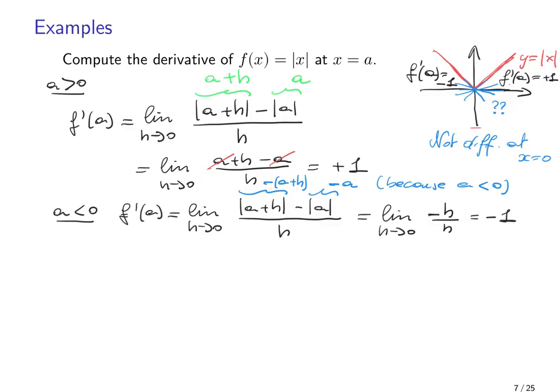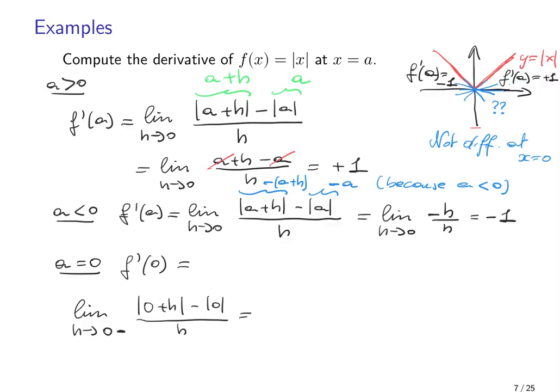Now last, we need to check what happens when a is exactly equal to 0. So for f prime of 0, we again have to compute the limit as h goes to 0. But let's be very careful here. Let's compute first the left limit, so h goes to 0 from the negative side, of 0 plus h minus absolute value of 0, divided by h.